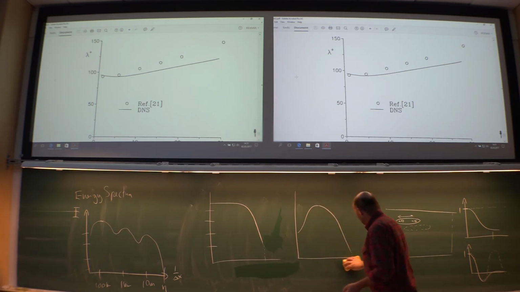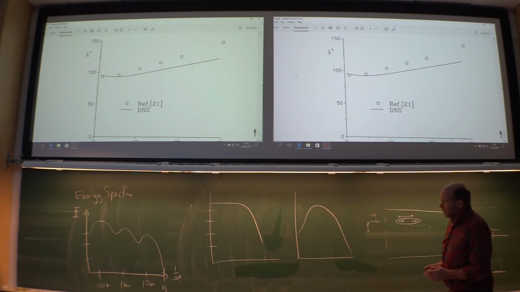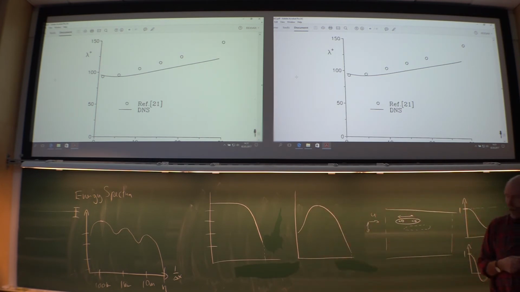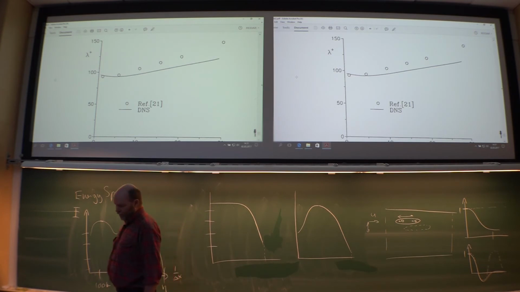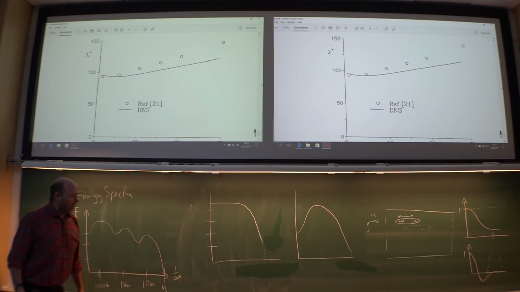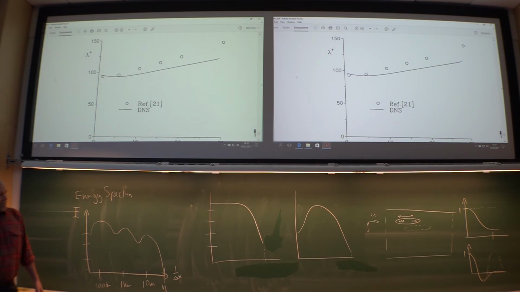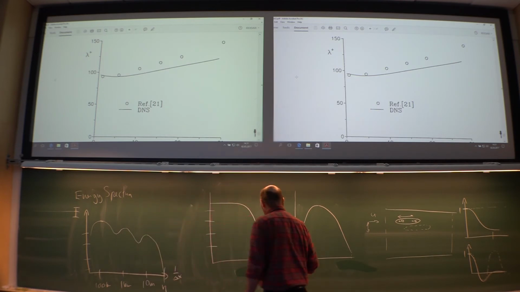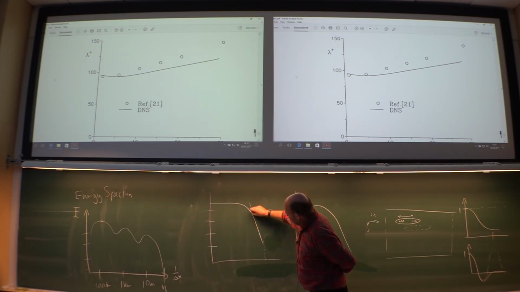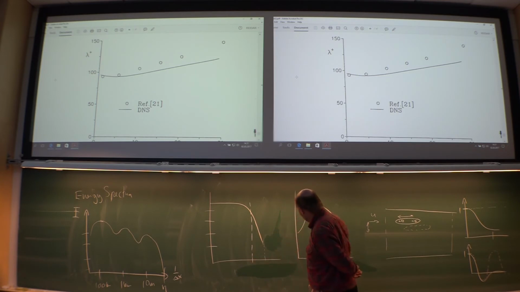What we are now cheating with as a possibility is to say that I can't afford the full Kolmogorov resolution. I can't find all the turbulent scales all the way down to Kolmogorov. So I say I stop here somewhere.